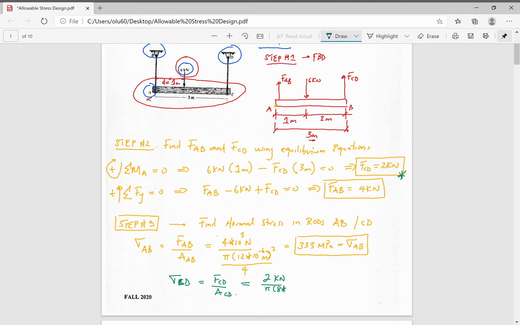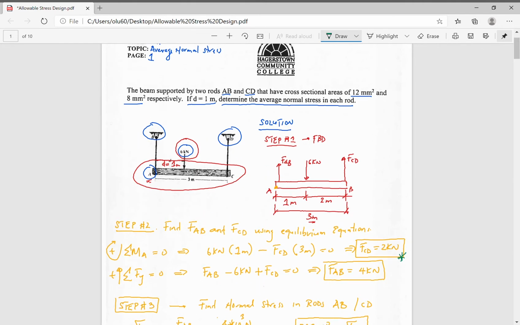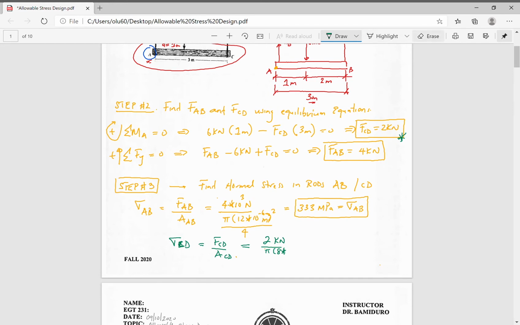I'm sorry, I made a mistake here. They already gave us the cross-sectional area, so we don't need to actually do this part.